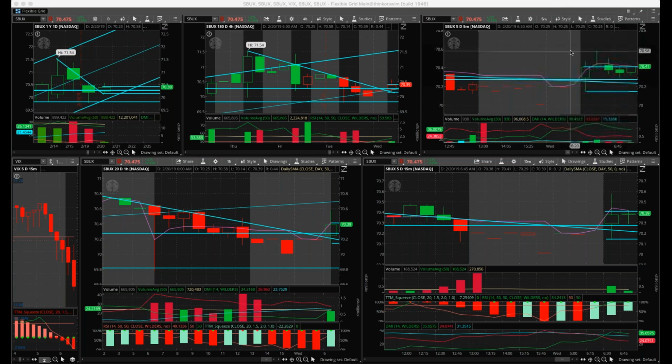And once we close that candle, I will purchase more. So now we're at 70.50. So we're making a new high. Well, no, we didn't, not yet.